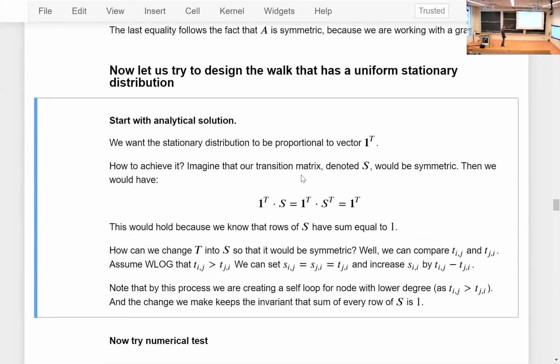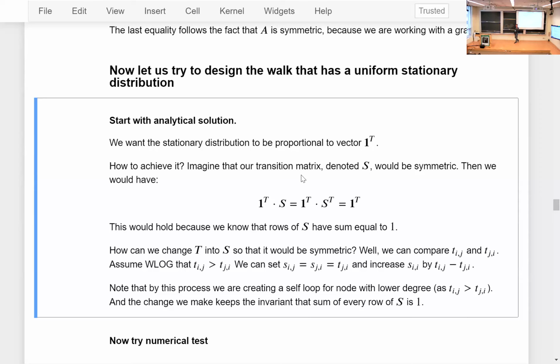It would make sense to have it symmetric, because for a symmetric matrix S, S is equal to S transposed, which means that the vector of ones would be an eigenvector of this matrix for eigenvalue 1.